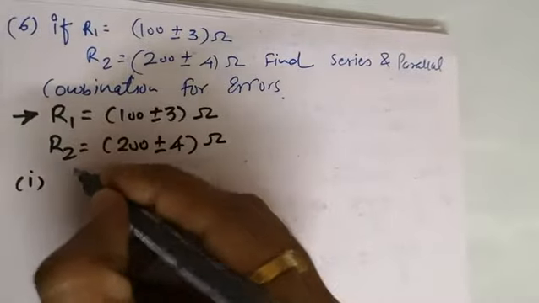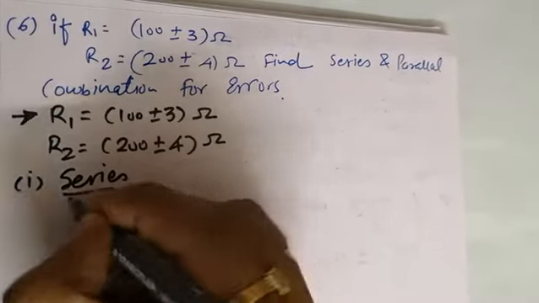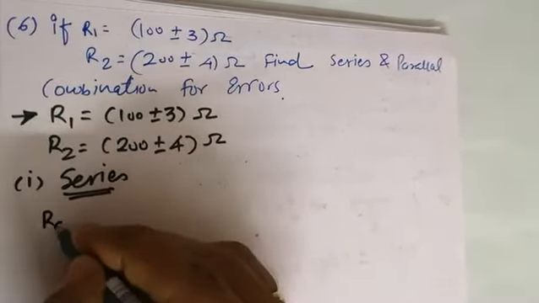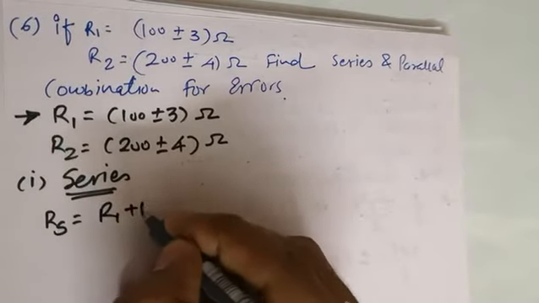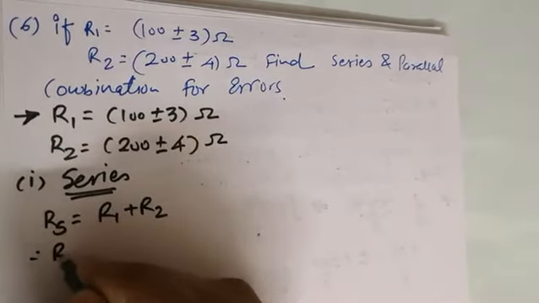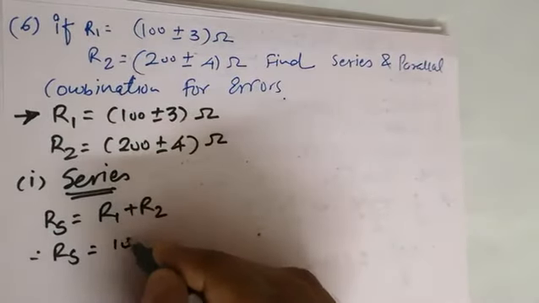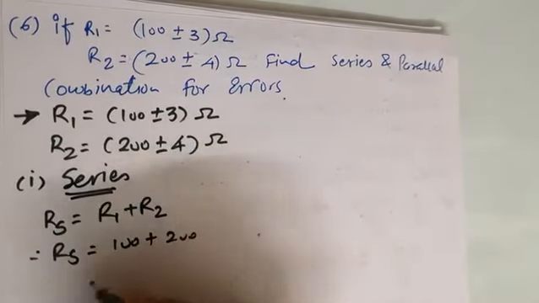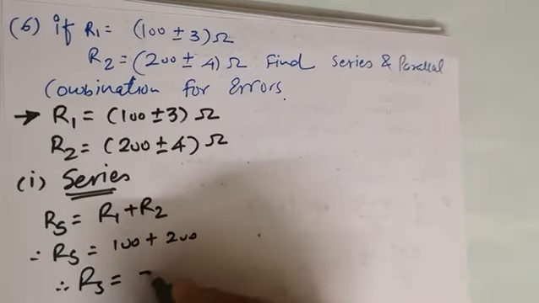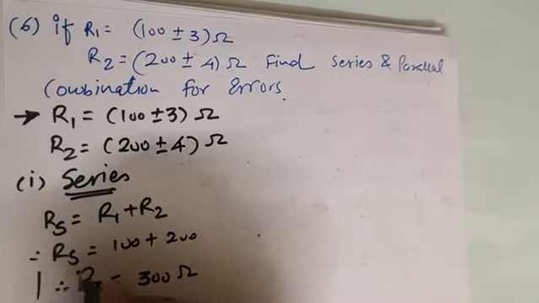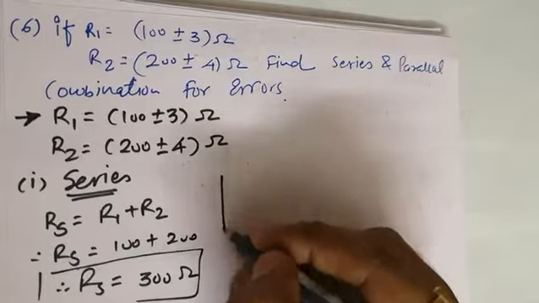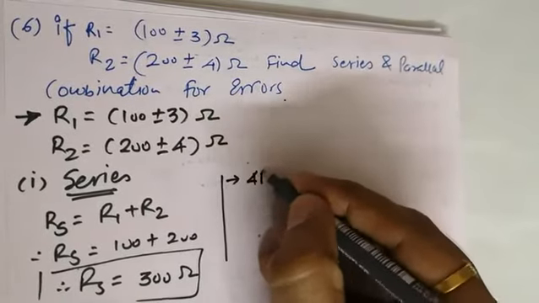First of all we will discuss series, which is very simple. You are aware of this formula from 10th, r1 plus r2. So directly, these are the initial data: 100 and 200, so I have Rs as 300 ohms. Next is delta Rs.